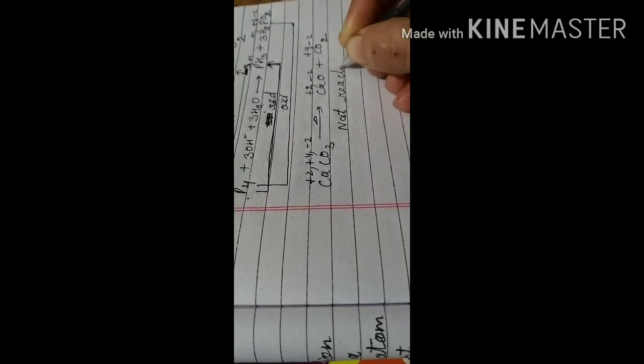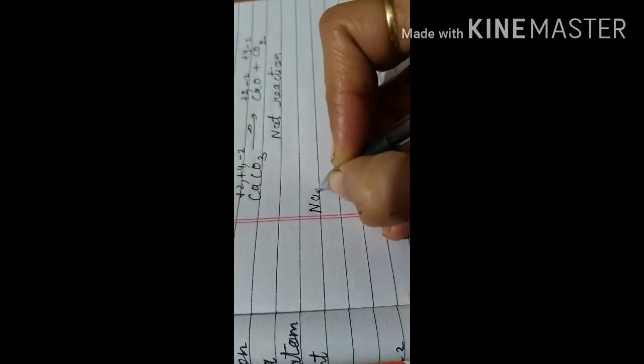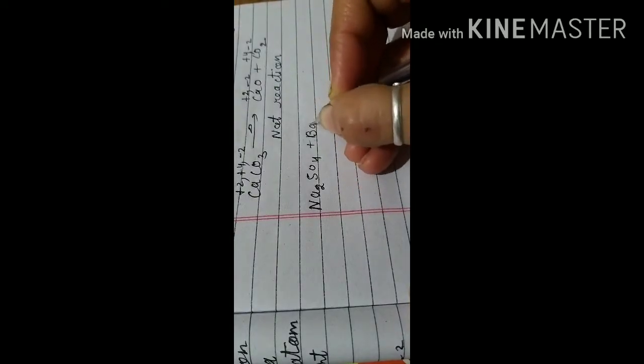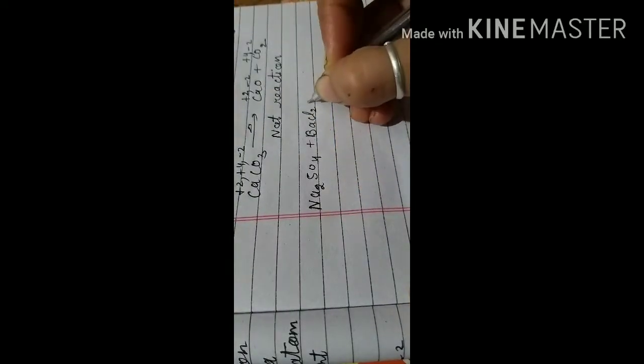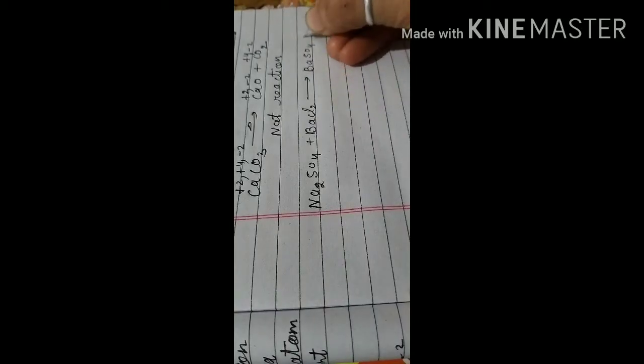Okay. And one more example I want to discuss with you. Suppose we have a reaction where Na2SO4, sodium sulfate, reacts with barium chloride and forms barium sulfate plus NaCl. Here I have written the balanced equation.